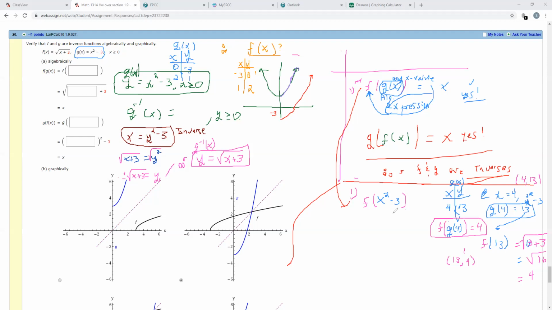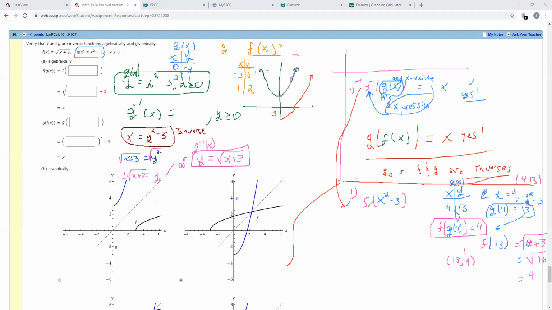Now put this into the other equation, and that's like putting the 13 into f.